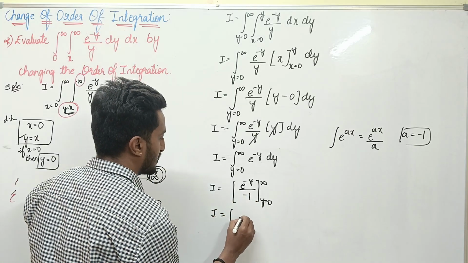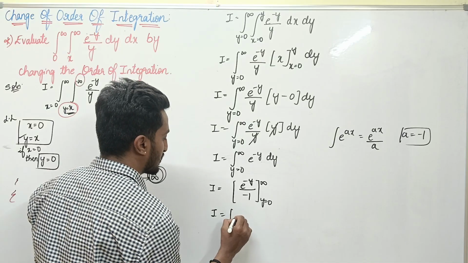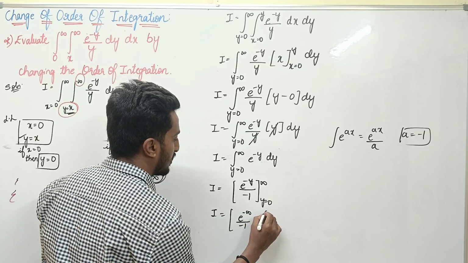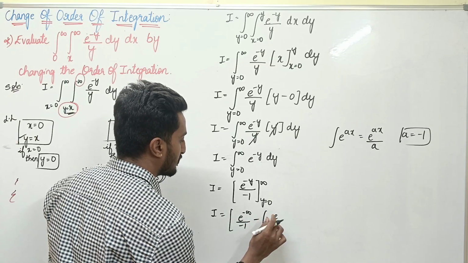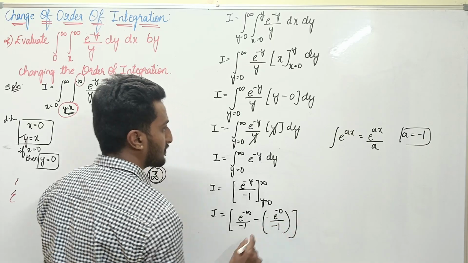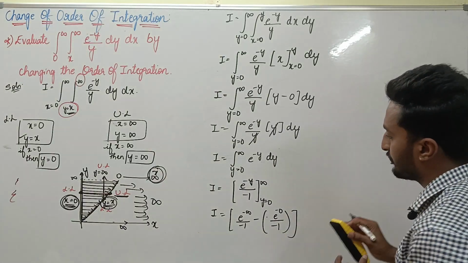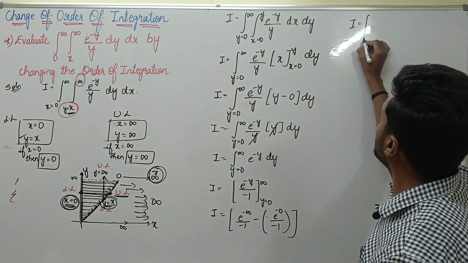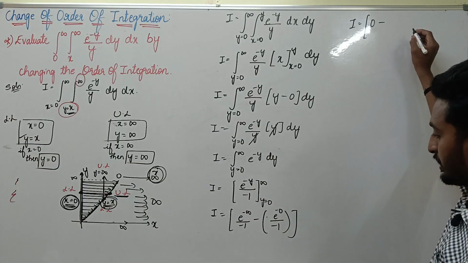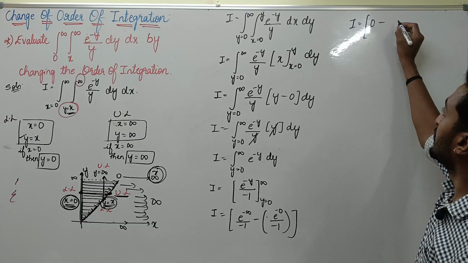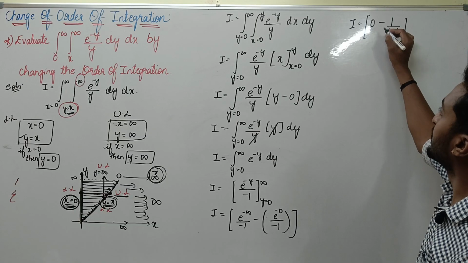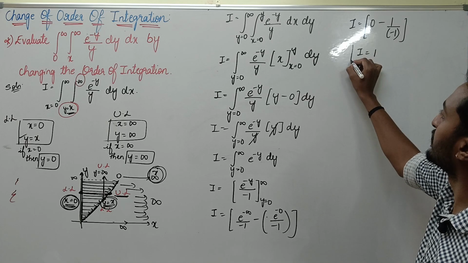So I equals e power of minus infinity divided by minus 1, minus e power of minus 0 divided by minus 1. e power of minus infinity is 0, and 0 divided by anything is 0. Now, e power of 0 is 1, since anything power of 0 is 1, divided by minus 1. Minus into minus gives plus 1.